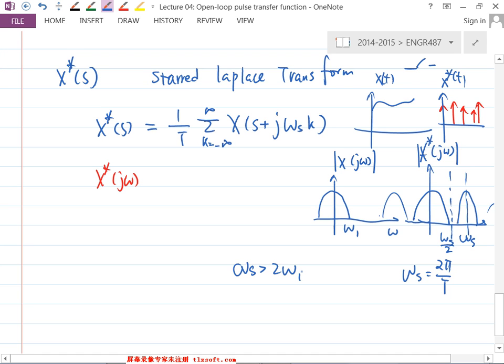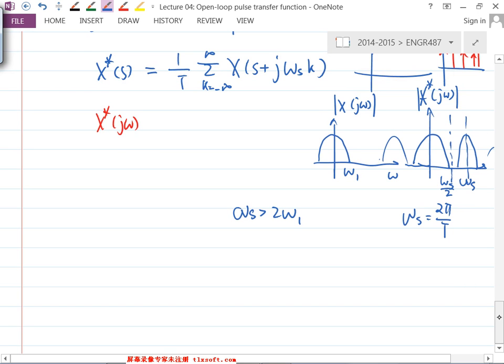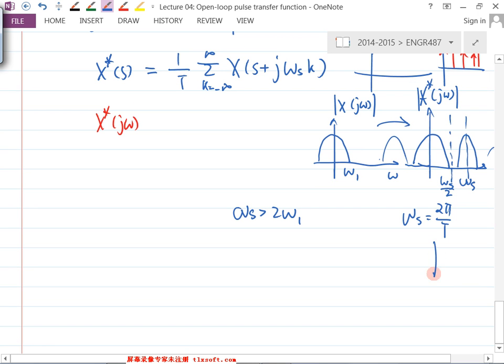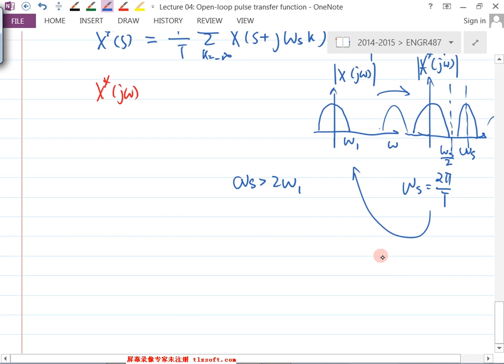Because you see what happens is, let's say from here to here, and then I want to go from here back to here. So technically speaking, if I wanted to go back, what do I need?